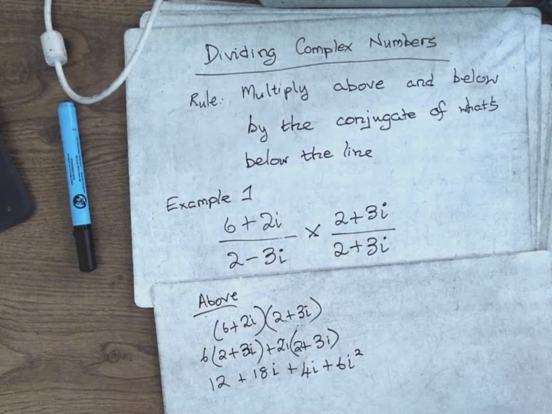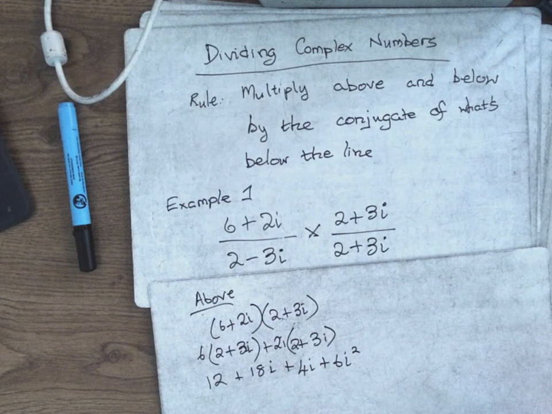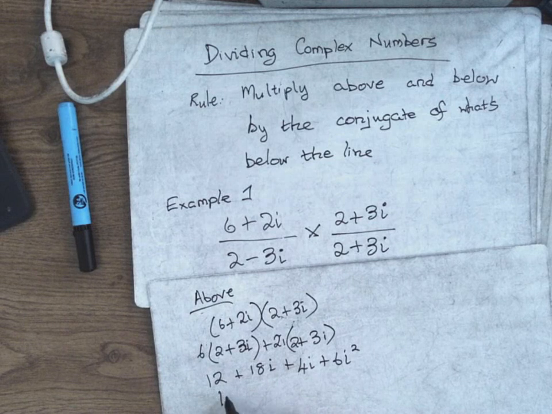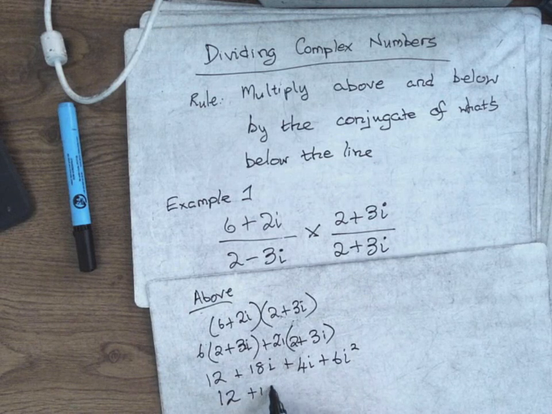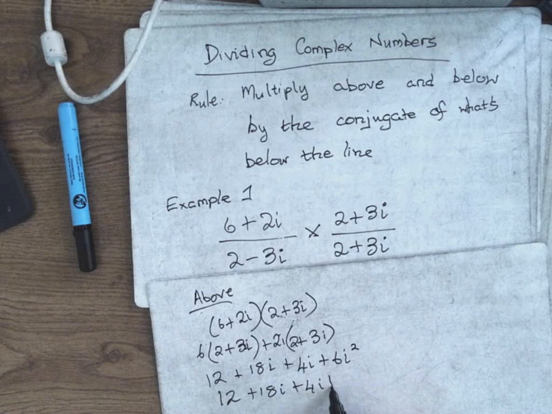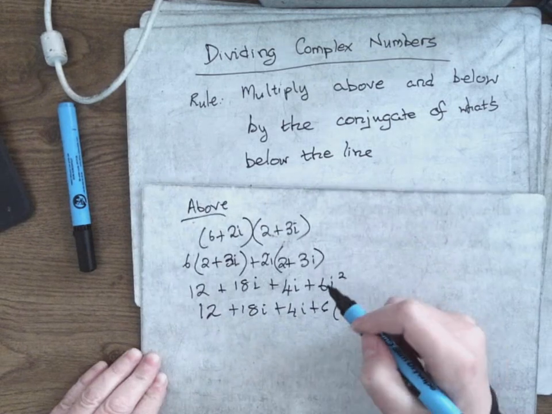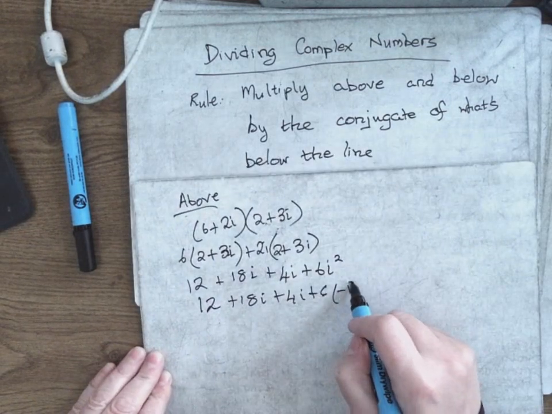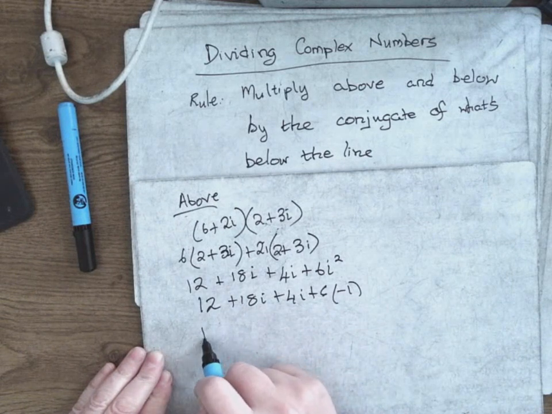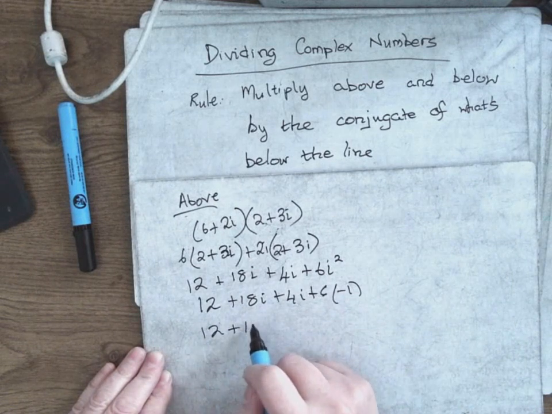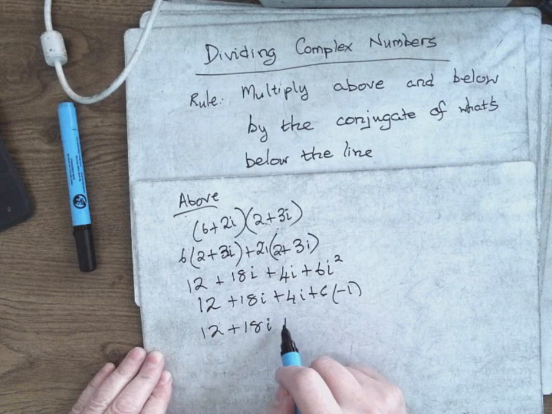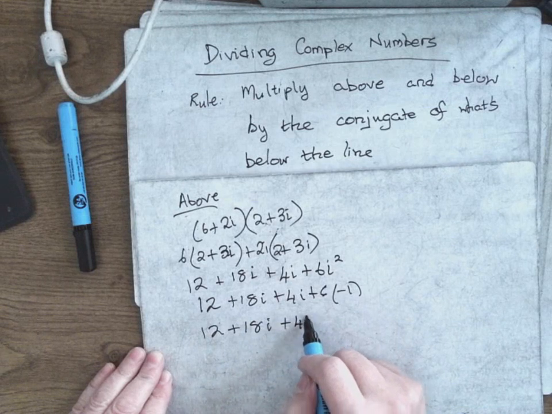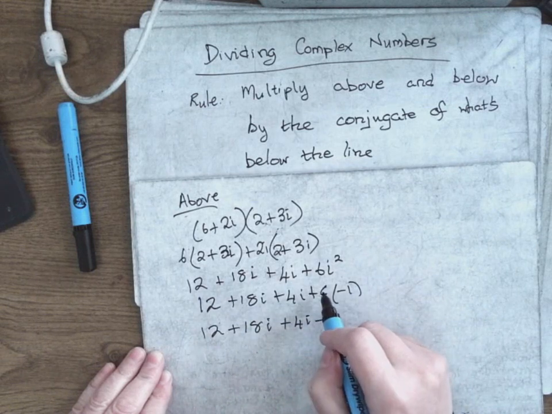Now, the minute you see an i squared, what do I do with it? Replace it with minus 1. So I have 12 plus 18i plus 4i plus 6 times minus 1. A plus by minus is a minus, that's a 6.